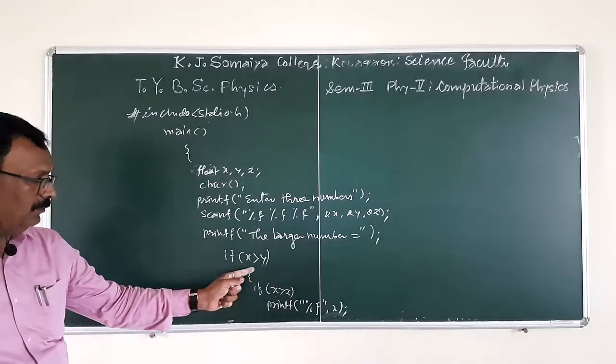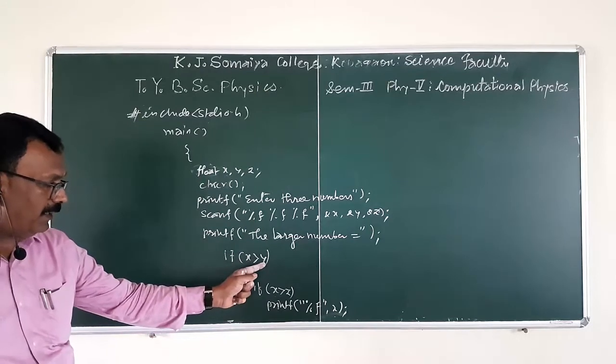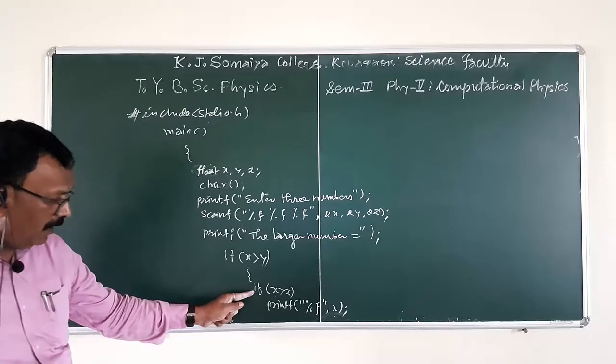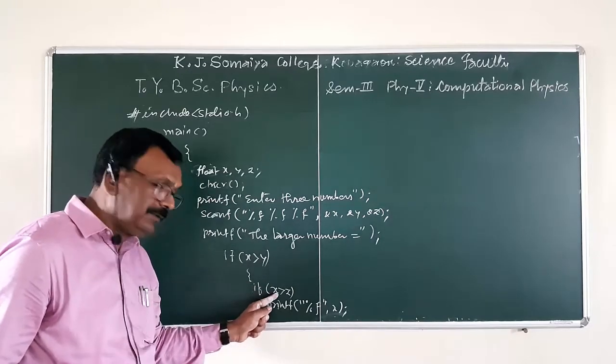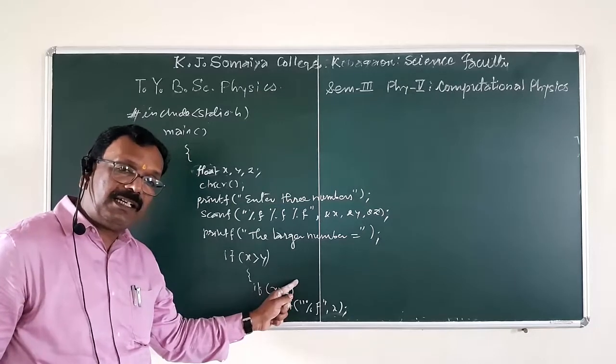When the condition is true, we supplied two numbers, and if the first number is greater than the second number, then it again checks the inner if statement, that is, whether the first number is greater than the third number.